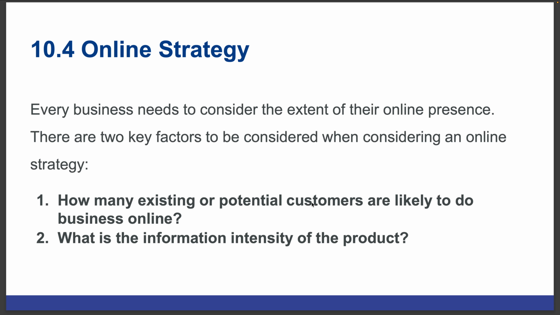Let's look at the other aspect wherein high information intensity is there but fewer customers are available online to do business. That could be, we can think about electronic gadgets. People are acquiring electronic gadgets through which they can potentially become the new set of customers who have the access to the devices and the necessary resources to do business online. Consumer electronics is one of those segments.